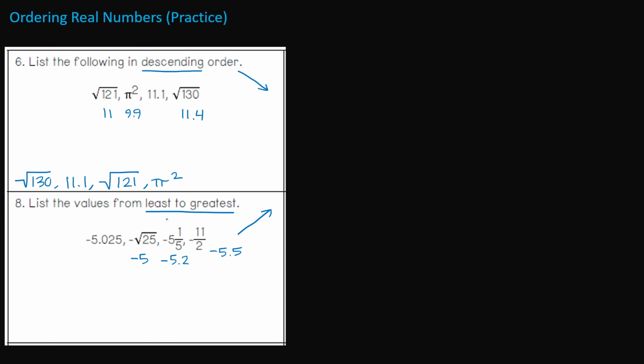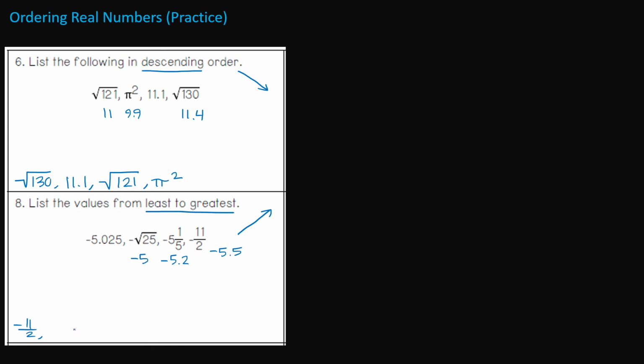So if I list these numbers from least to greatest, that means technically the number farthest from 0 on this number line is going to go first. And the negative number that is smallest is negative 5.5, or negative 11 halves.